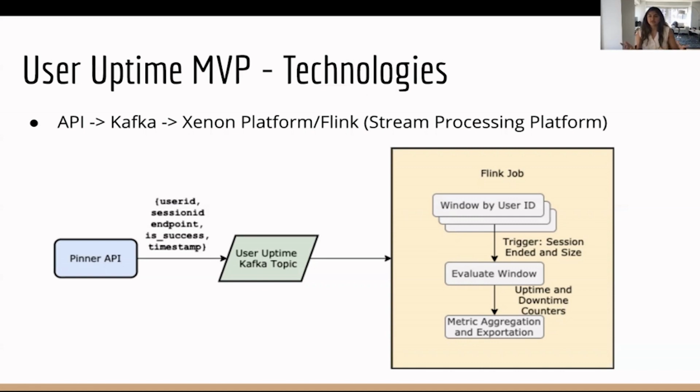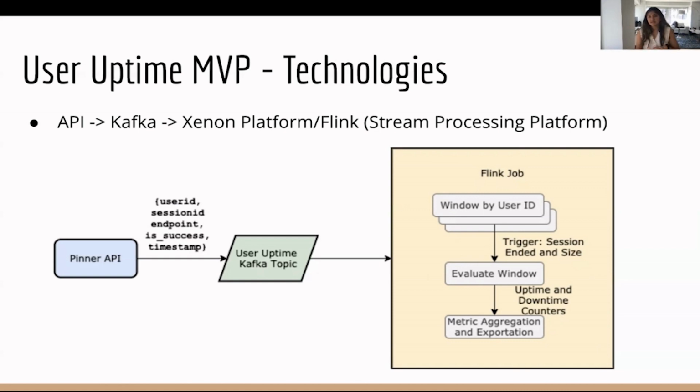And at that point, we evaluate the window, meaning that we sort all the events by timestamp, and then, like that timeline that I showed earlier, it's just simple subtraction to calculate the uptime and downtime counts of time, in milliseconds. And after that, that evaluation window then drains the metrics into several metric aggregation layers, which are then exported to OpenTSDB for consumption by whatever infrastructure, scripts, etc. we want to use.